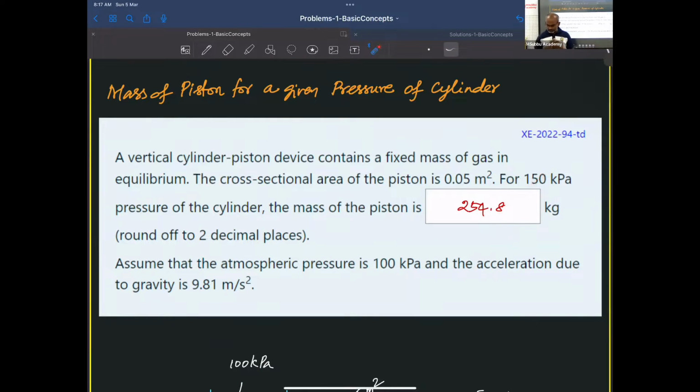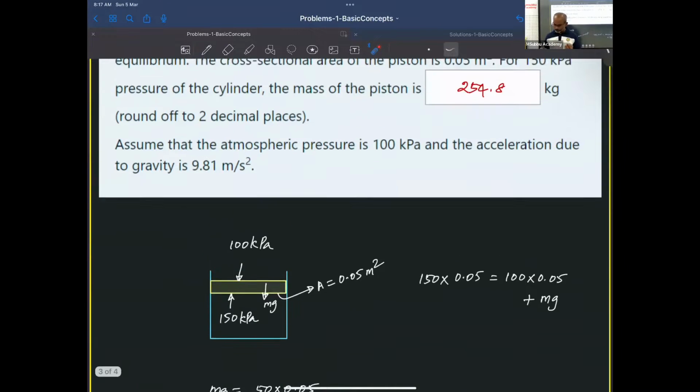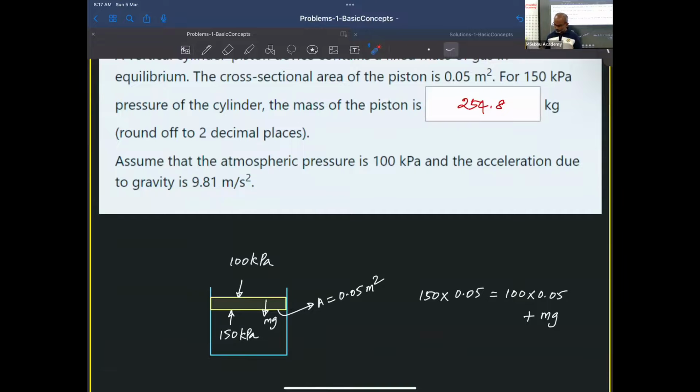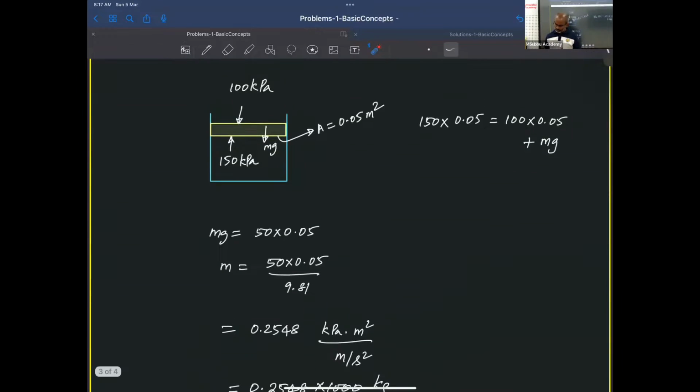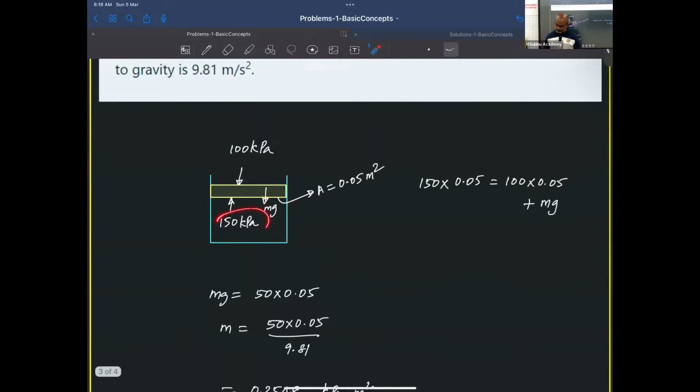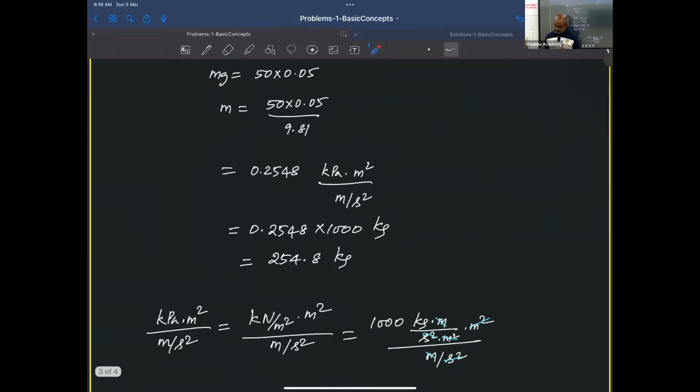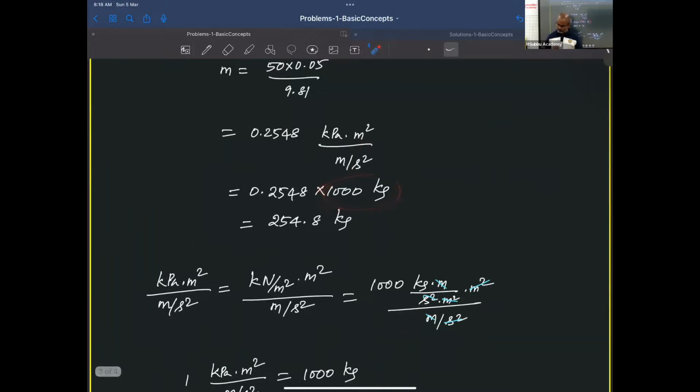Otherwise, what is the learning here? Simply force balance. But force is again simple, pressure into area. Otherwise, pressure equals force per unit area. This force is simply the gravitational force, and the pressure force, upward and downward. These are all simple only. So the essential thing is the unit conversion here. That also matters.